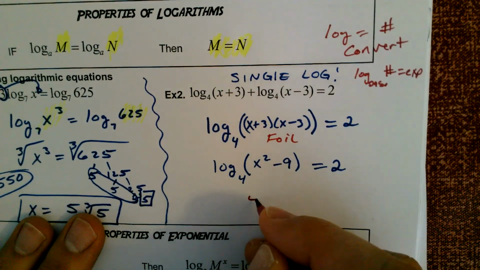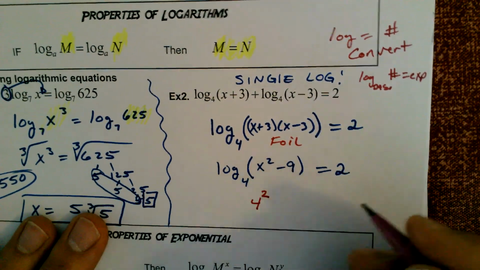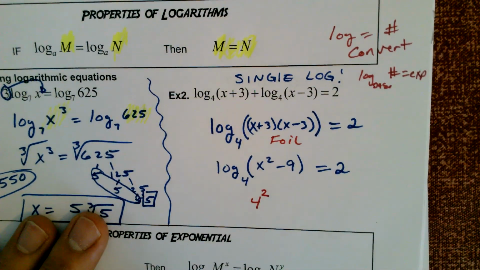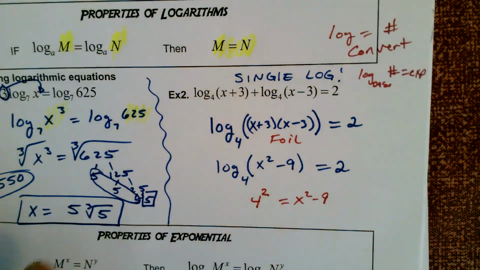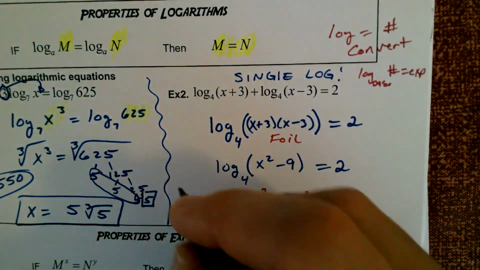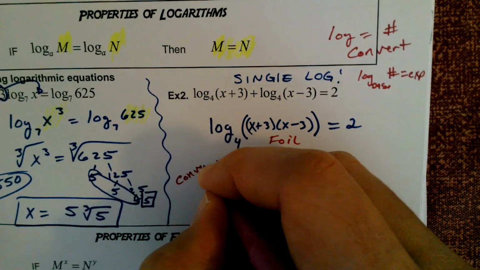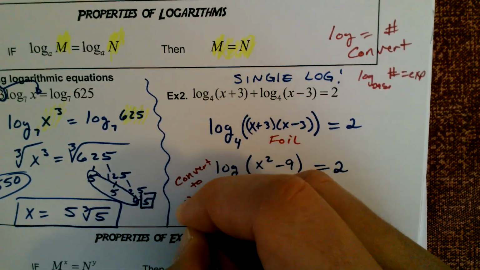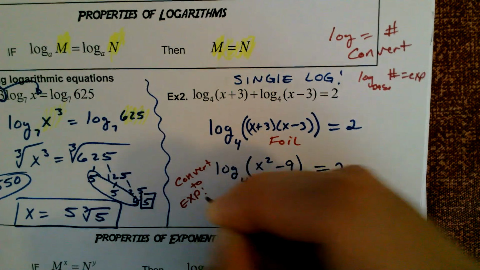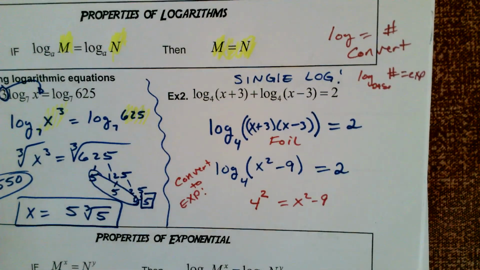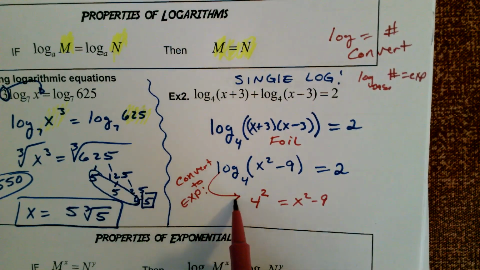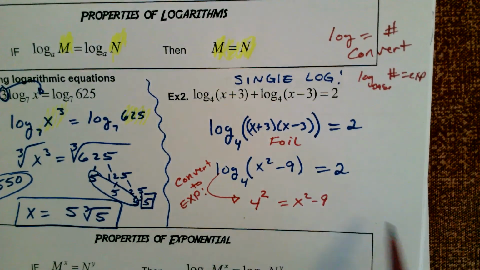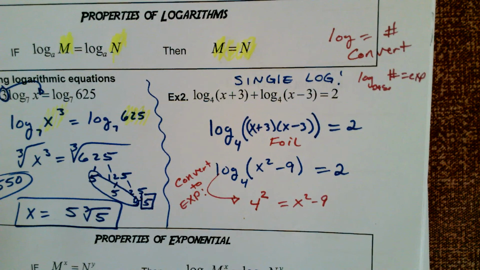So my base is 4, my exponent is 2, and that equals x squared minus 9. So you have to convert to exponential. Base to the exponent equals x squared minus 9.